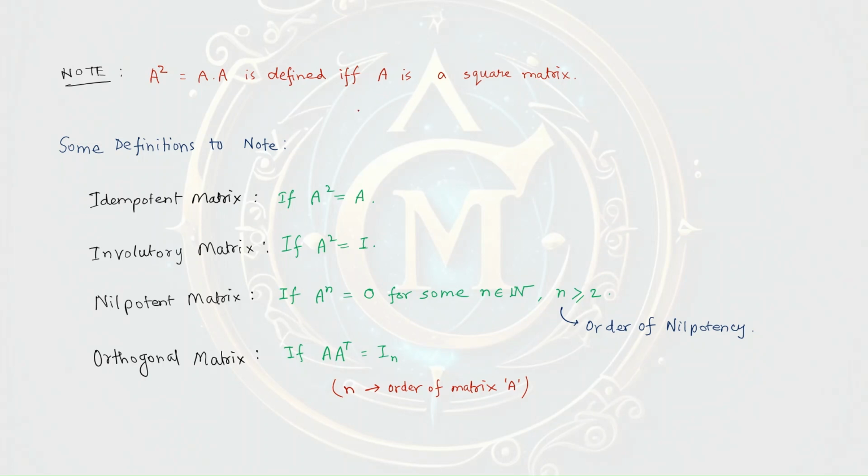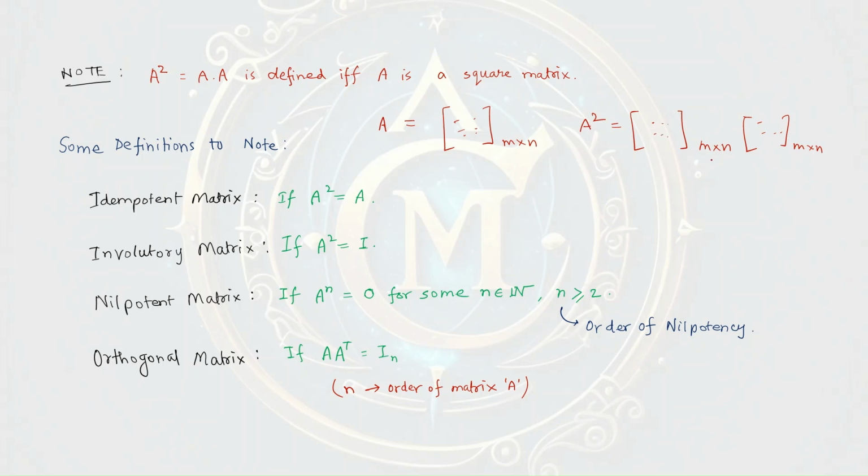This we can easily prove. If A is a general matrix, let's say the elements are there, and this is of the size m by n, then A square is this matrix times this matrix itself.